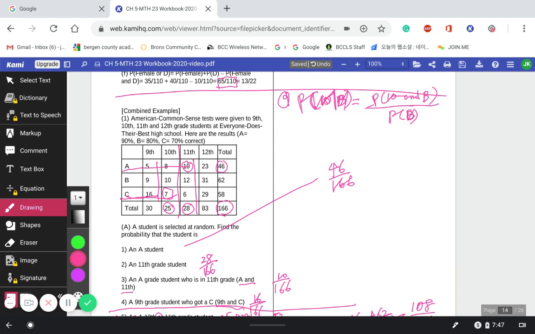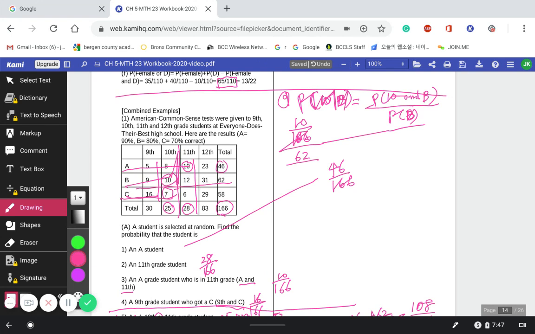So what is the probability of 10th and B? 10th and B is 10 out of 166. And then you divide this 10 out of 166 by the probability of getting a B, which is 62 out of 166. So 166 and 166 cancel out.